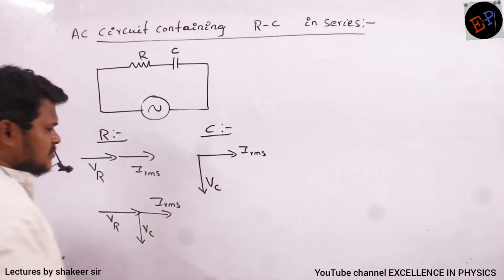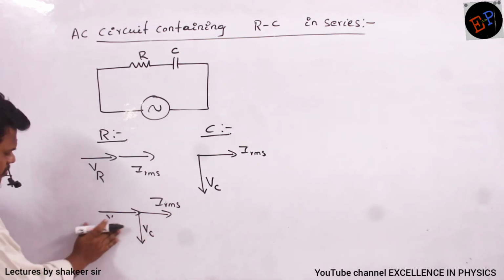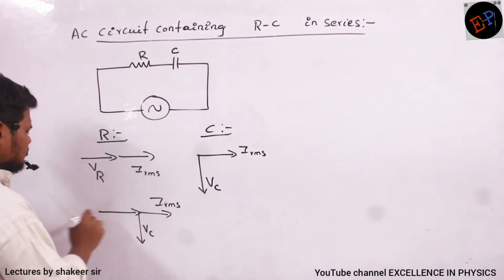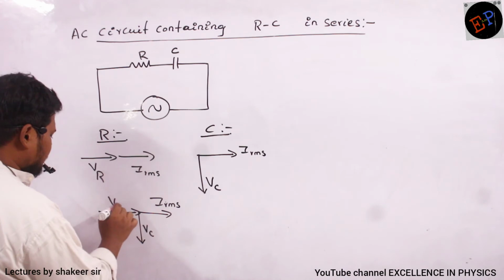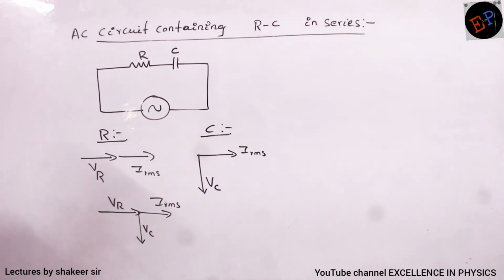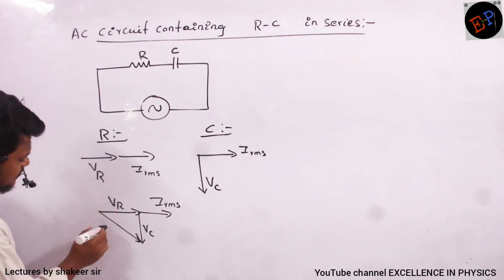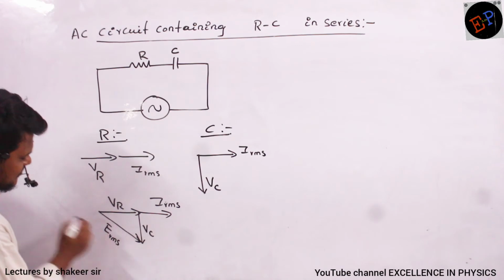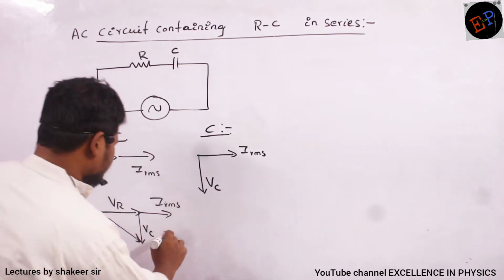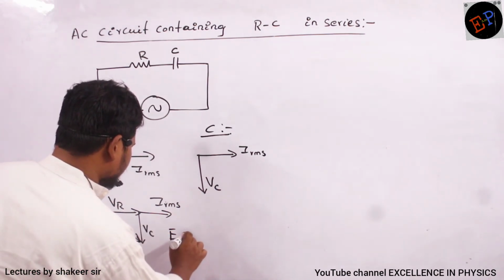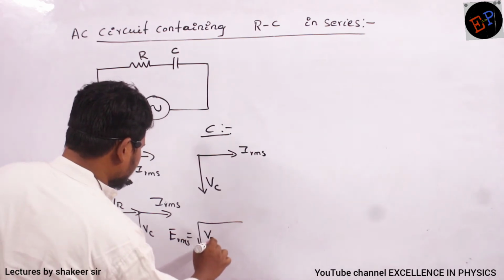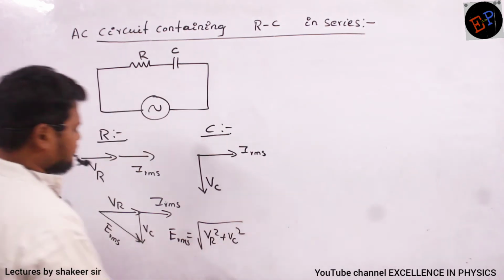That's it. Okay. Now what is the potential you have to supply? Supply potential is how much? Just take the resultant of these two. Clear? This is ERMS. So ERMS will be equal to square root of VR square plus VC square.